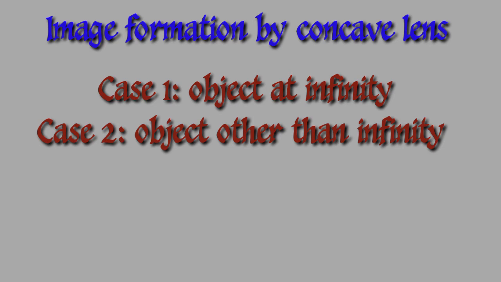One case, we can consider the object at infinity, and the second one is other than infinity; whatever may be the position of the object, the concave lens provides the same type of image at the same location. So the two possible cases are: first, object at infinity, and second, object between infinity and optic center.